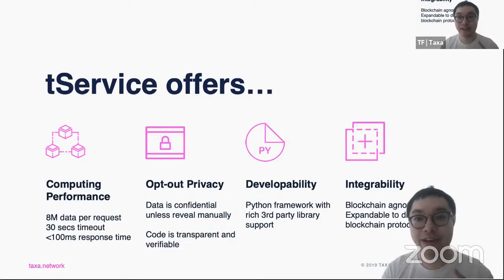Python supports rich functionalities, especially in model computation, AI, and big data. And we also migrated blockchain-related libraries, such as blockchain and cryptography protocols. As an off-chain infrastructure, we are blockchain agnostic. Currently, all the smart contract systems supporting verification of the ECDSA signature are supported.